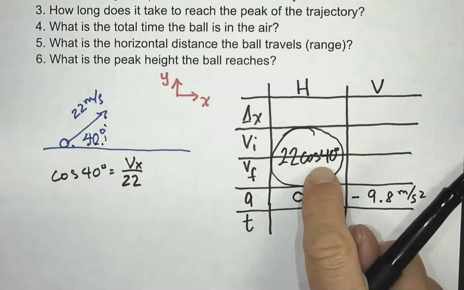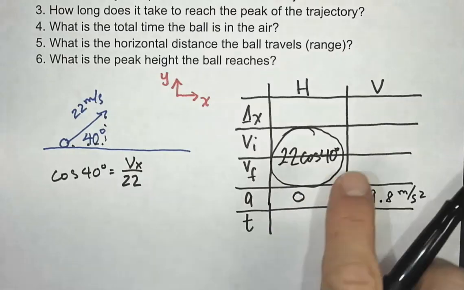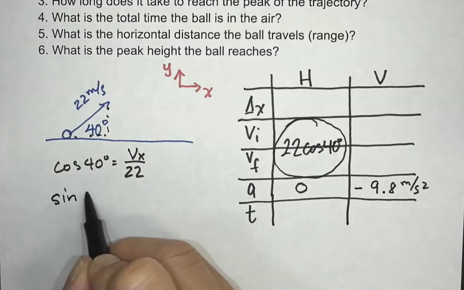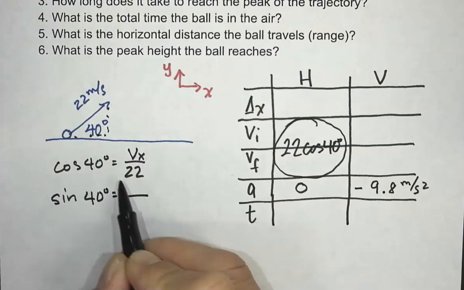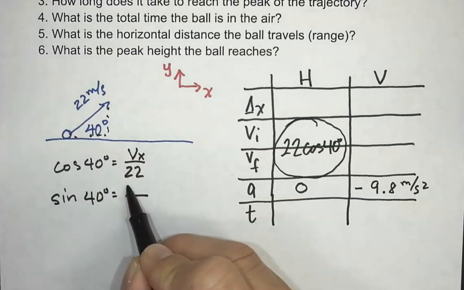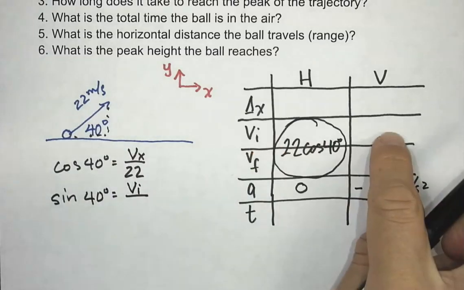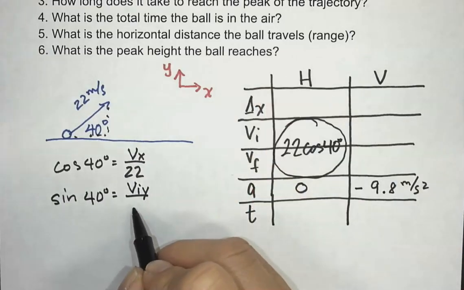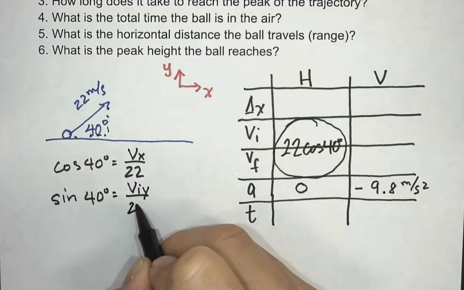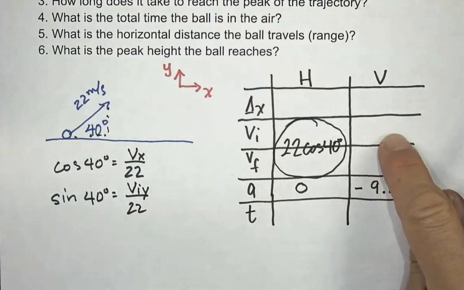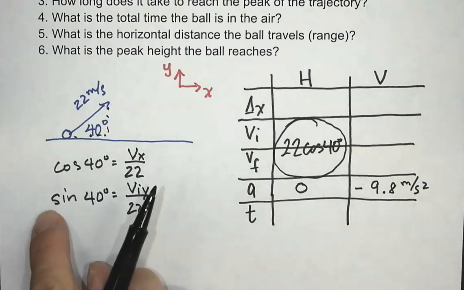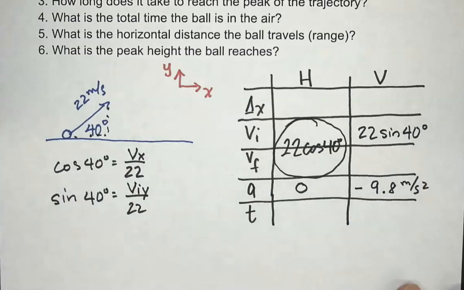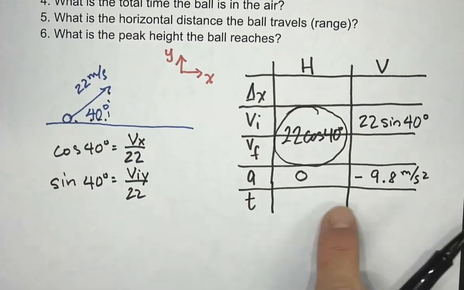And that's going to be constant. For the vertical motion, I can use sine 40 degrees, and that will equal the opposite, which will be my initial velocity in the vertical, which I can call Viy, divided by the hypotenuse, which is 22. So the initial velocity in the vertical direction will be 22 sine 40 degrees. Okay, so that's what I've been given.